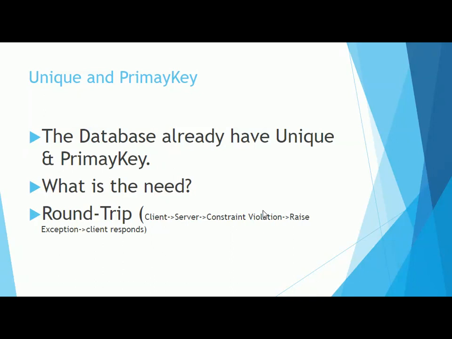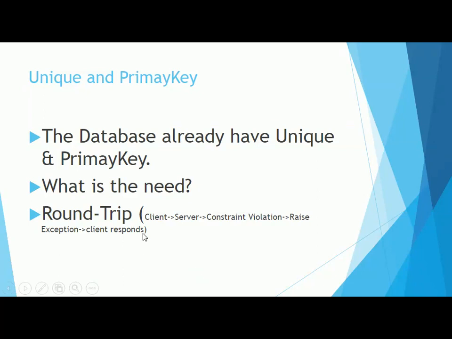So when such functionality exists in the database server itself, why do we need unique and primary key implemented in ADO.NET itself? I mean, why do we need to implement these two constraints in ADO.NET?